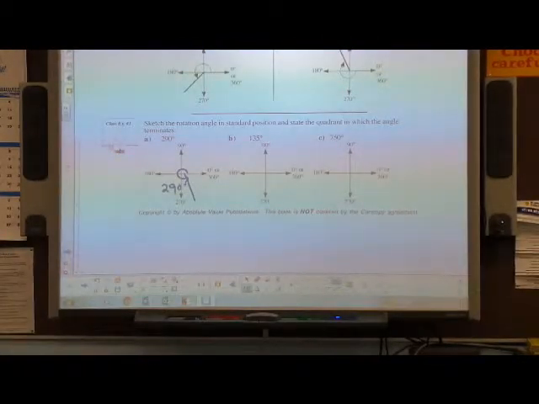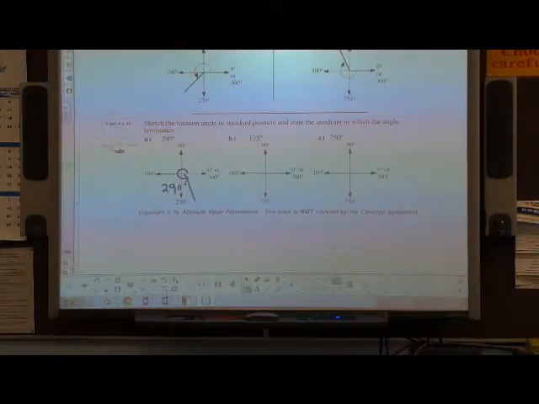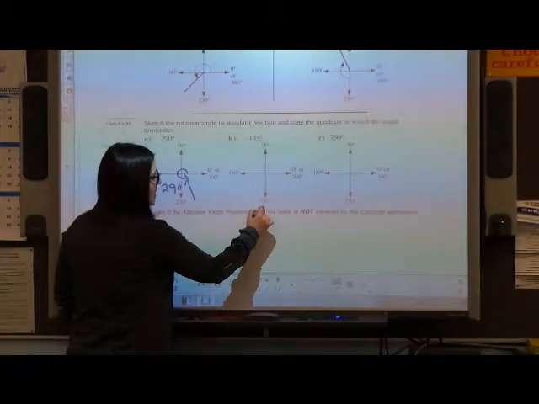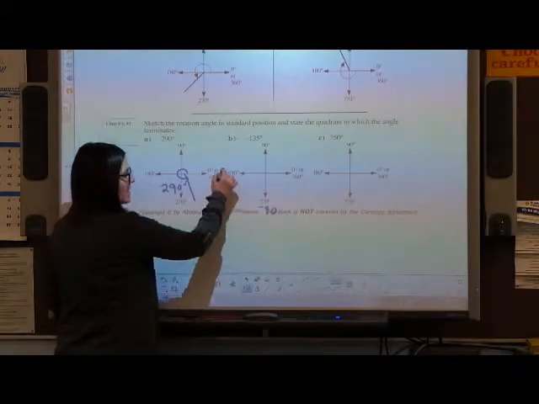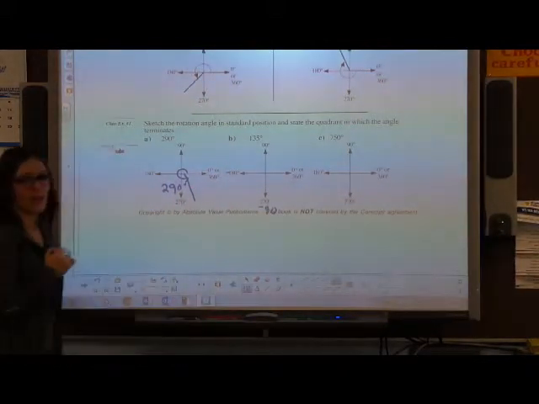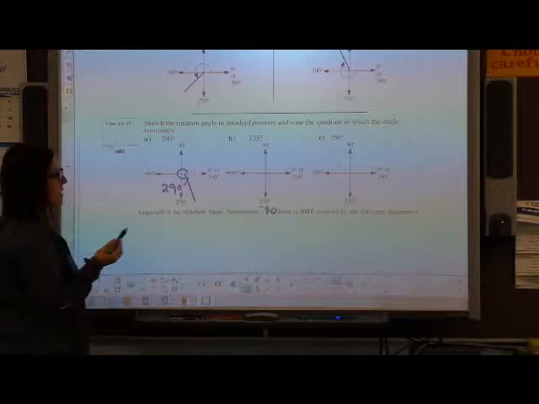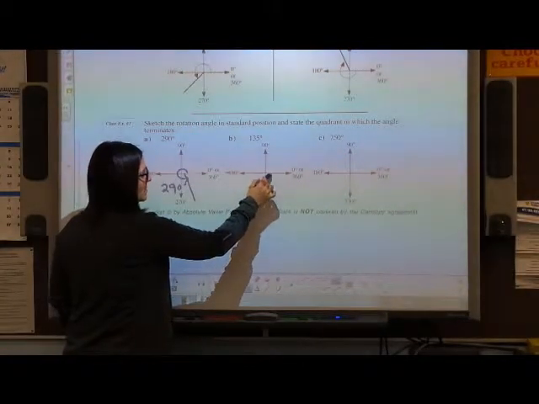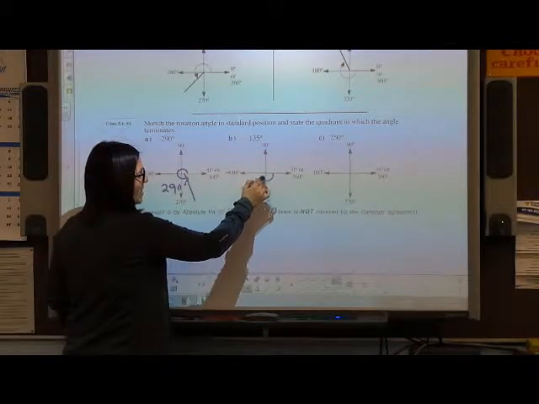Now in the second one, if I'm going negative 135 degrees, which way am I rotating? Clockwise. So in clockwise, this becomes a negative 90, and then this becomes a negative 180. So negative 135 degrees would be somewhere in between, and it's actually halfway in between.